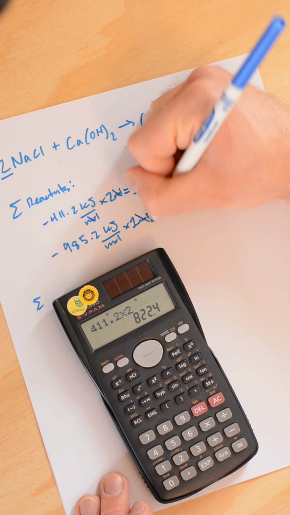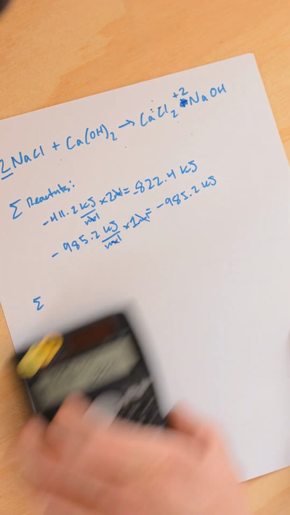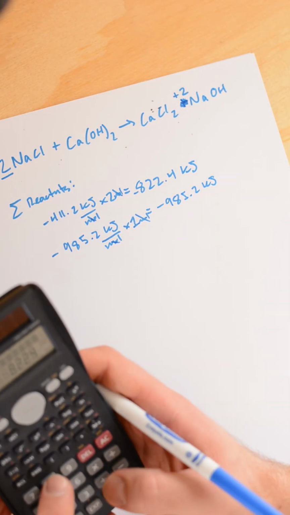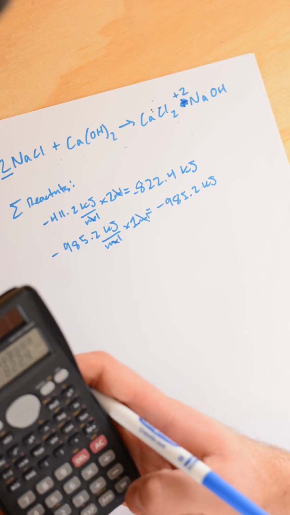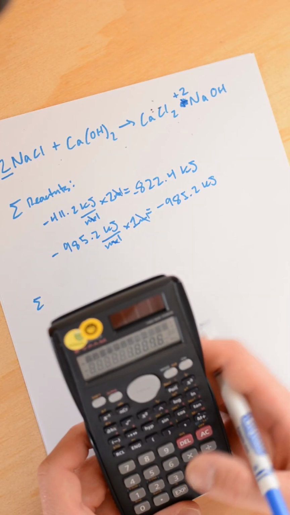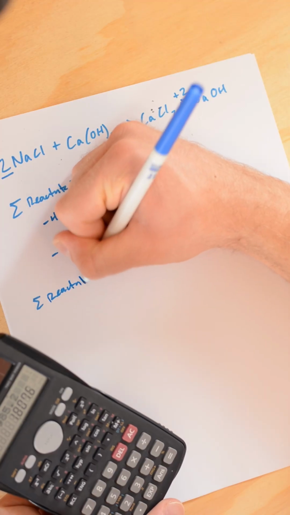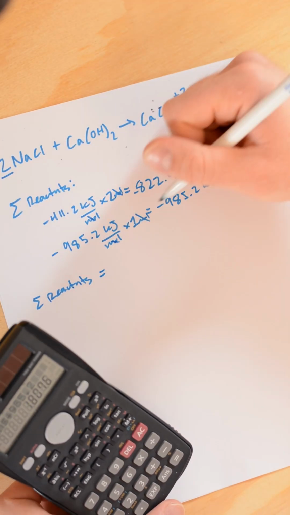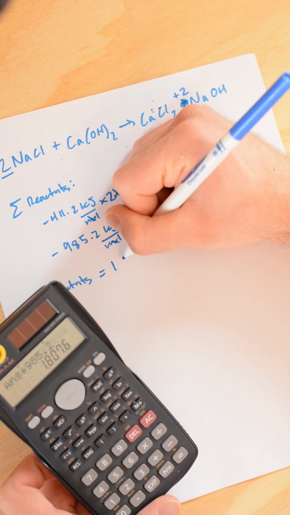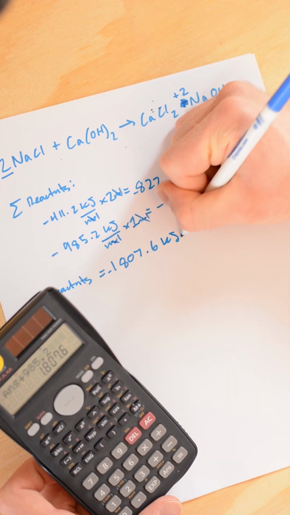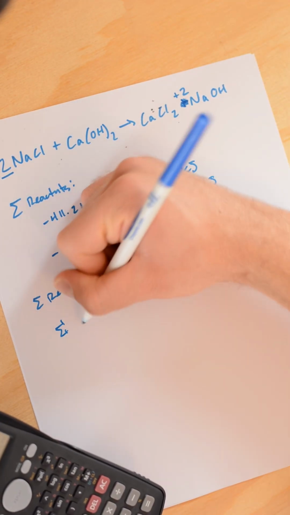This was times 1 mole, so it's just kilojoules. If we add those together, 822.4 plus 985.2 leaves us with negative 1,807.6 kilojoules. Sum of the reactants' enthalpies of formation, negative 1,807.6 kilojoules.